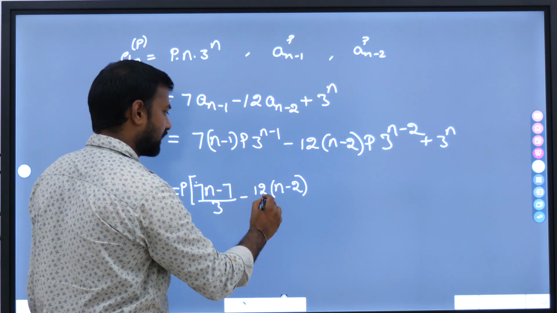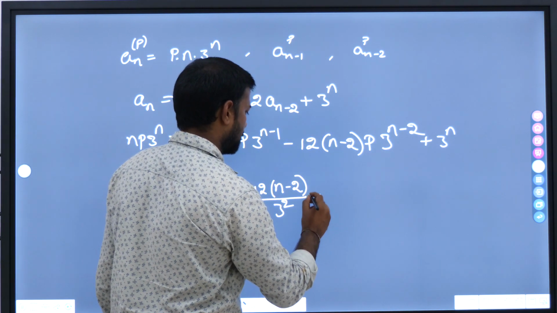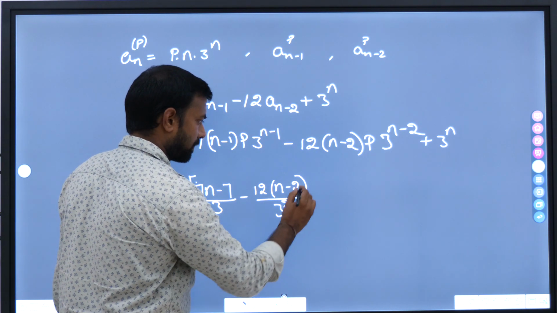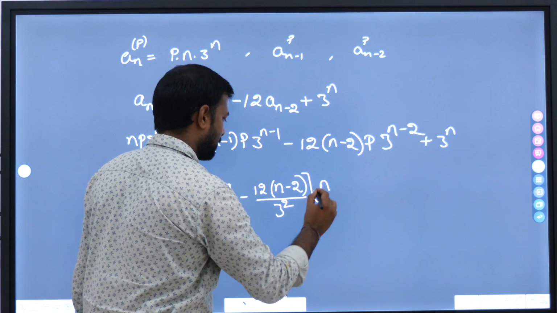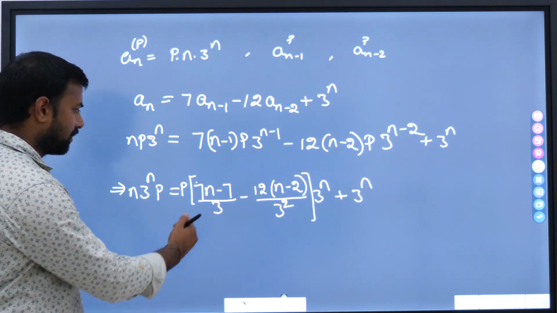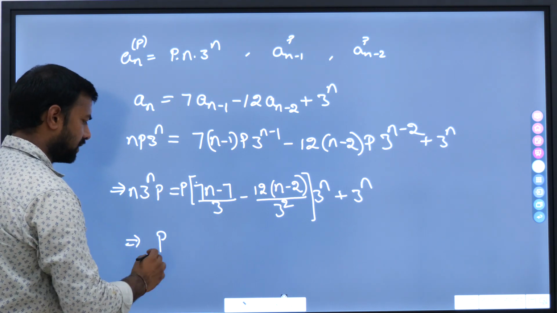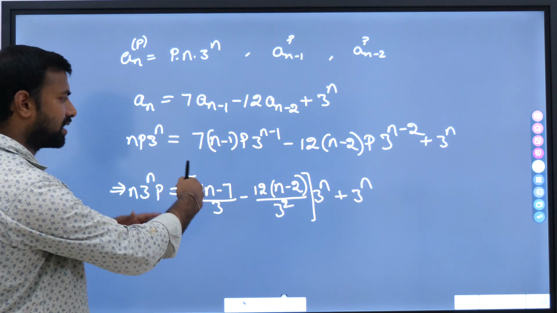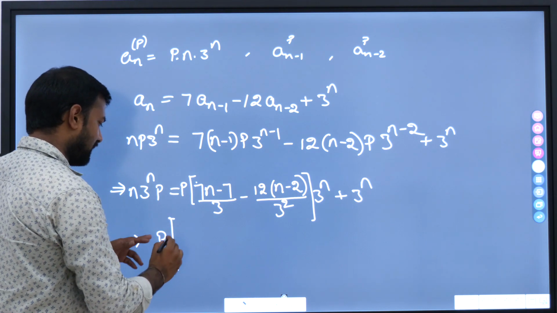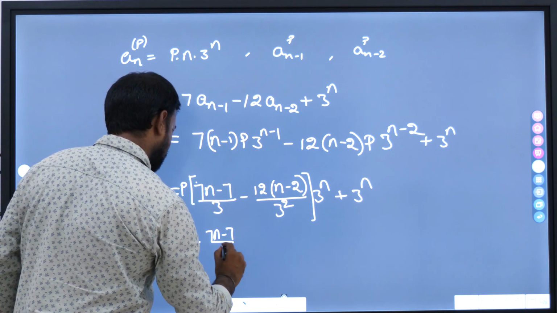Now 3 power n also you take out, therefore you will get 3 square, into 3 power n, plus 3 power n. Okay. Now you bring this expression to one side because it has p common. So p into, I hope we can remove that 3 power n because every term has it, right? So if I bring it to one side, this is p into n minus, you'll have 7n minus 7 by 3.